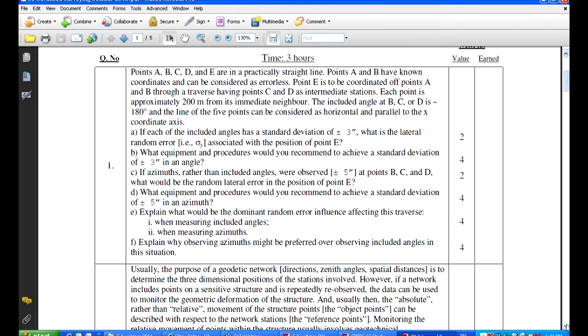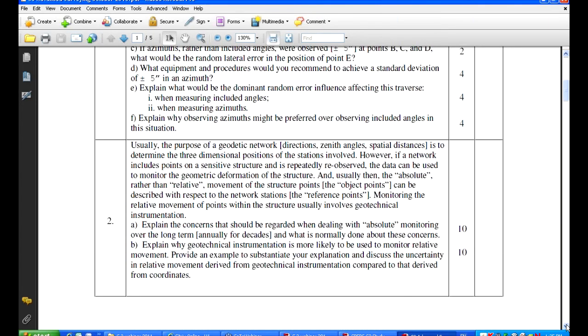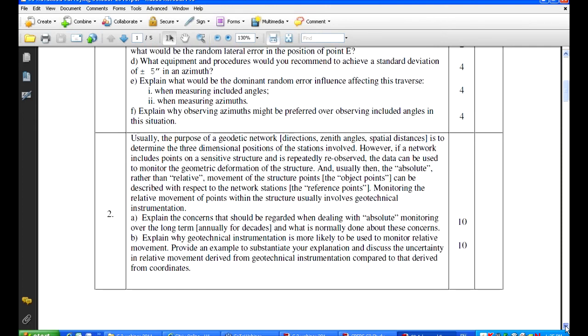It's a question of whether we use angles or azimuths. And the second one is definitely engineering surveying because it's dealing with repeated measurements and monitoring deformations.